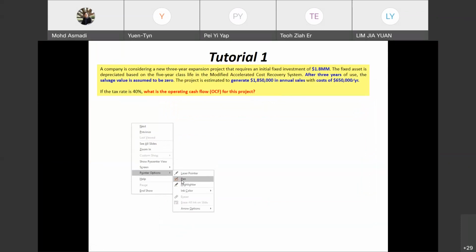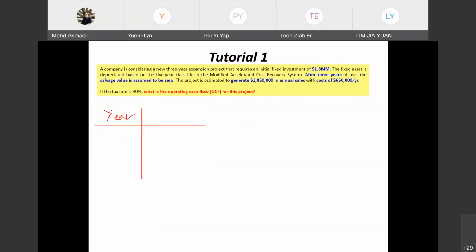Okay, pen I think. Okay. So year lah. Have to do year 1, 2, 3 lah.